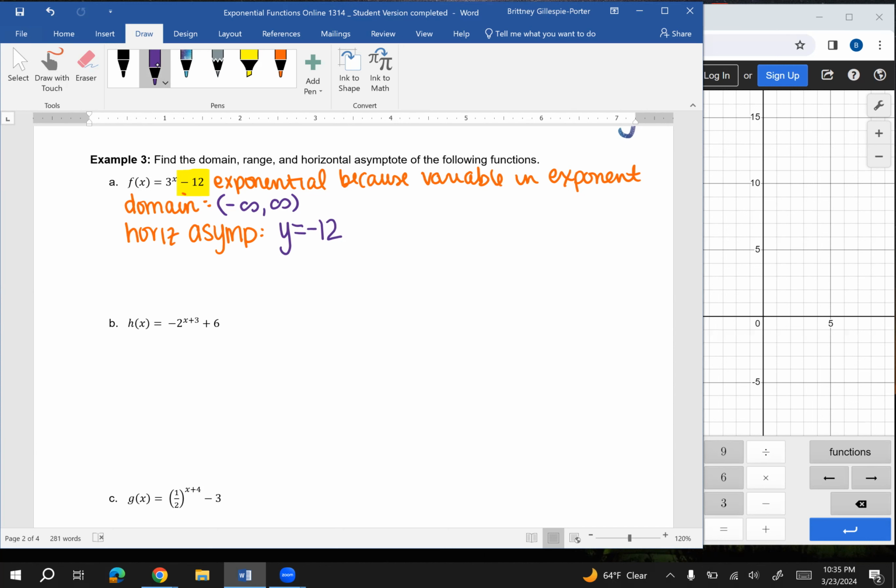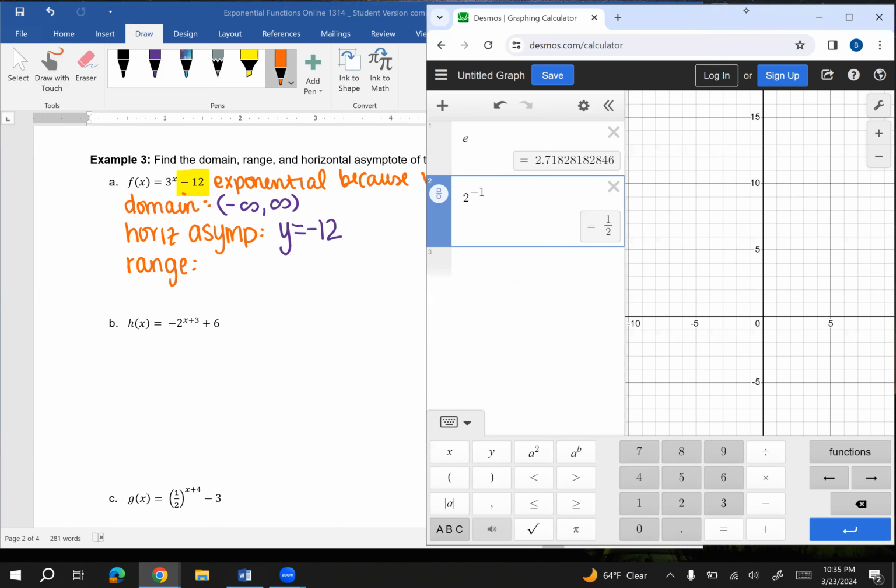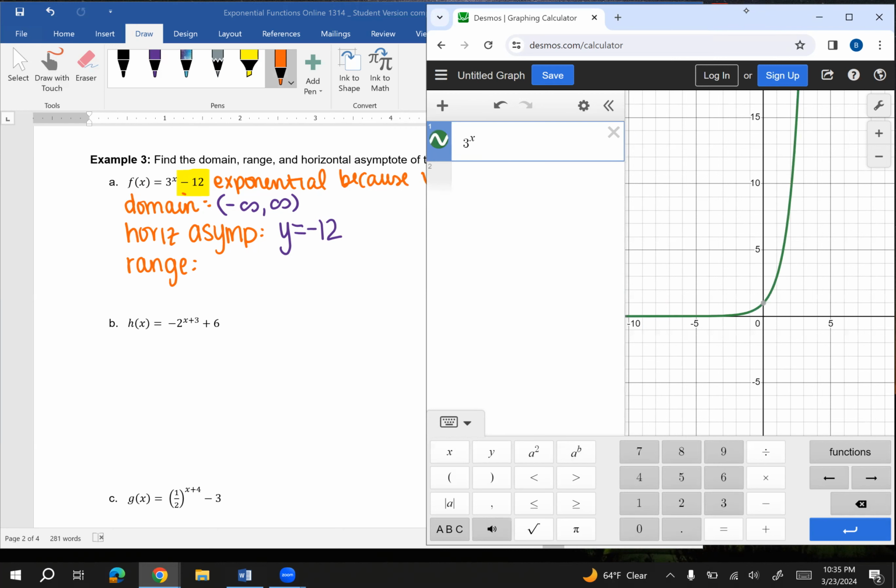With our range, it's either going to be negative 12 to infinity or negative infinity to negative 12. And I know that many of you will go ahead and graph this to try to find your answer. So let's go ahead and do that. We have 3 to the x, minus 12.